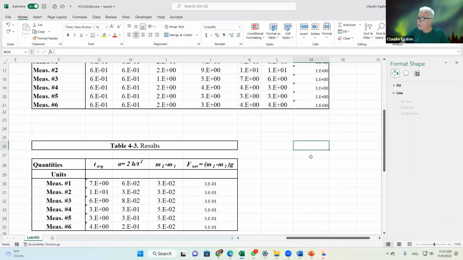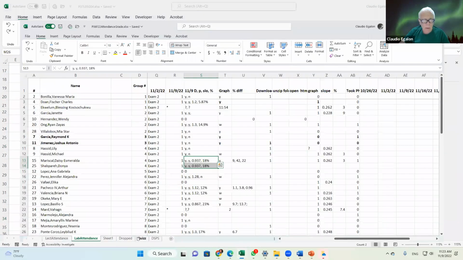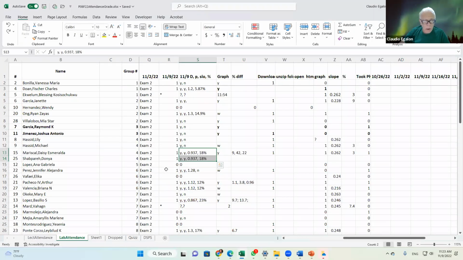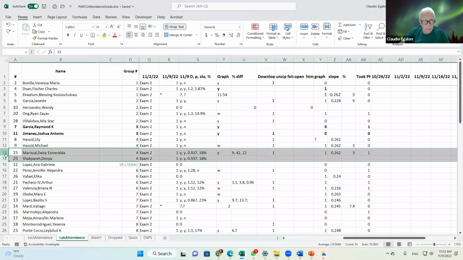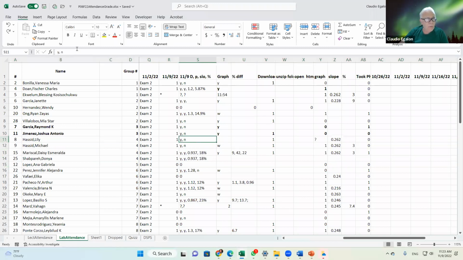Okay, you got 1.3, Lily. Let me check your group. Let's see your group number. Okay, so you did plot the graph. Tell me what's the slope you got, please, Lily.